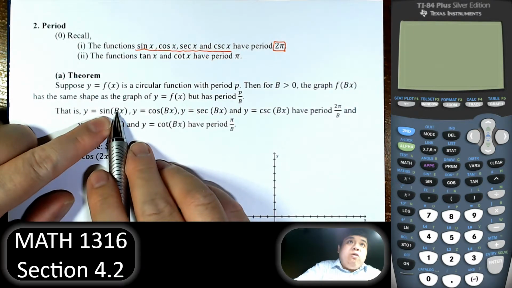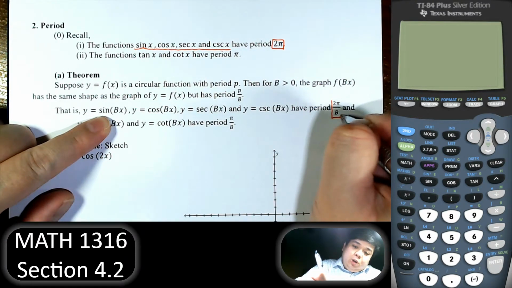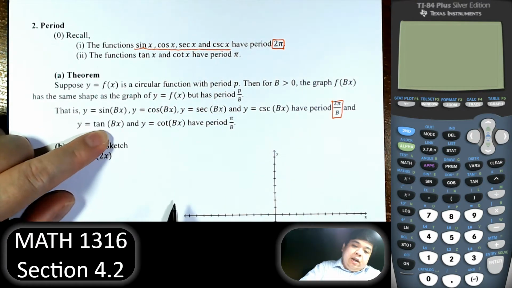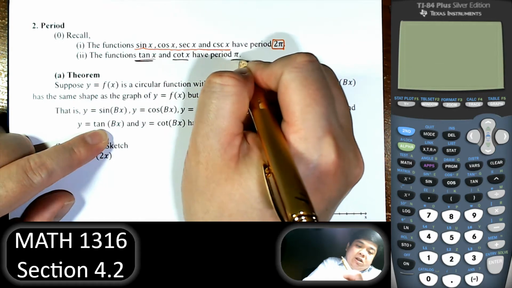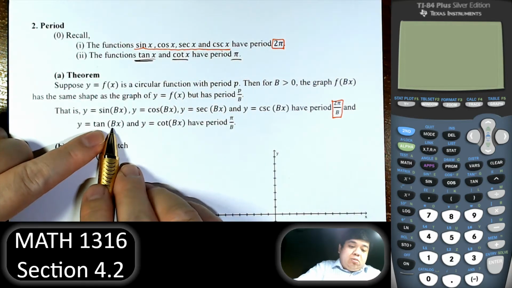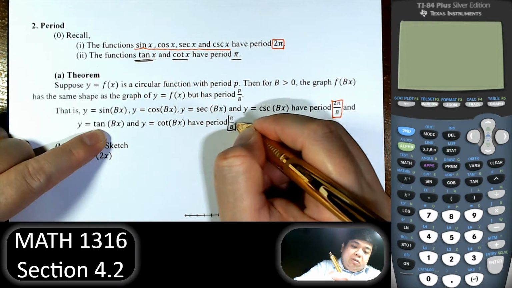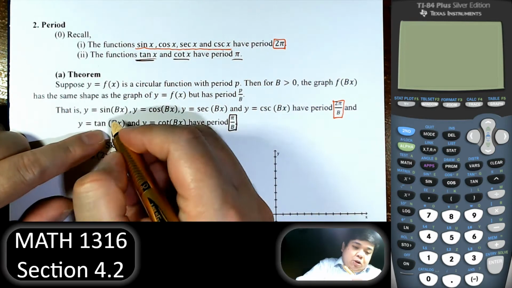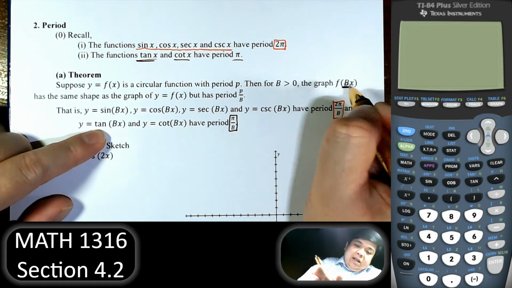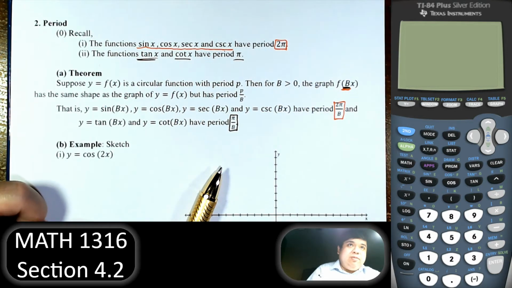If we have a coefficient multiplied by x, the period is 2 pi divided by that coefficient. The standard period for tangent and cotangent is pi. If we have something multiplied to x, the period will be pi divided by that number.